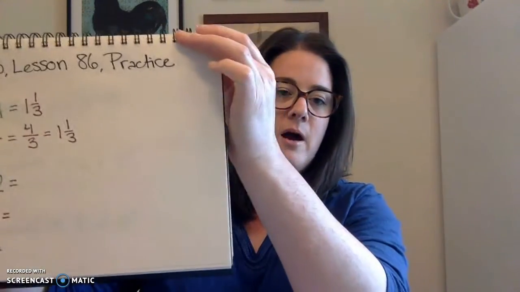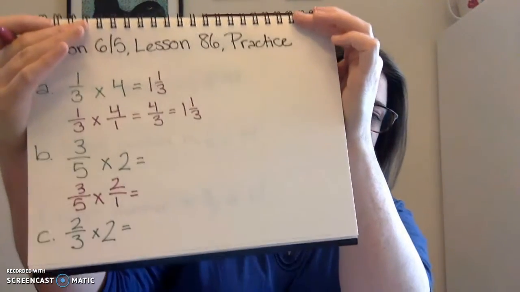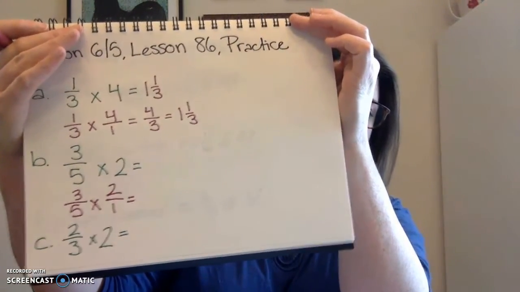B asks me 3/5 times 2. I'm going to do the same thing. I'm going to keep 3/5 as it is. I'm going to turn the whole number 2 into a fraction. I do that by putting it over 1. So my problem becomes 3/5 times 2 over 1. When I do my multiplication, I multiply my numerators.